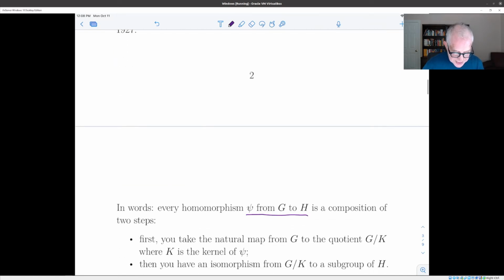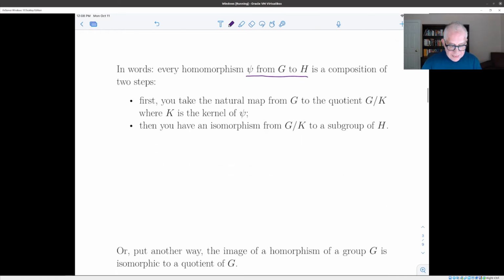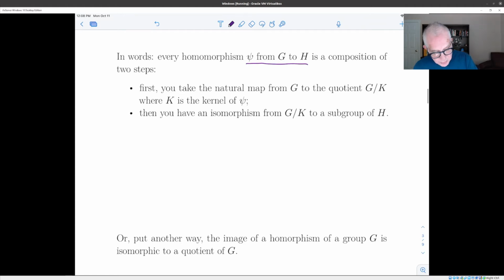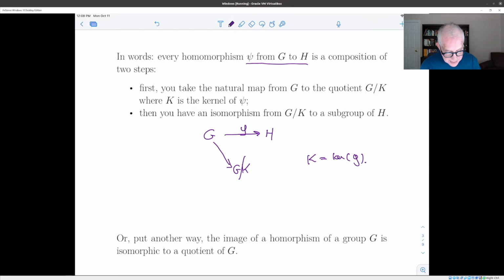Okay, how are we supposed to make sense of this result? Well, there are different ways of thinking about it. One way to think about it is that to give a homomorphism from G to H, you can always break it up into two steps. First, you go through the natural map to G mod K, where K is the kernel of phi. And second, the image of the homomorphism, I guess we call this psi and this phi, kernel of psi.